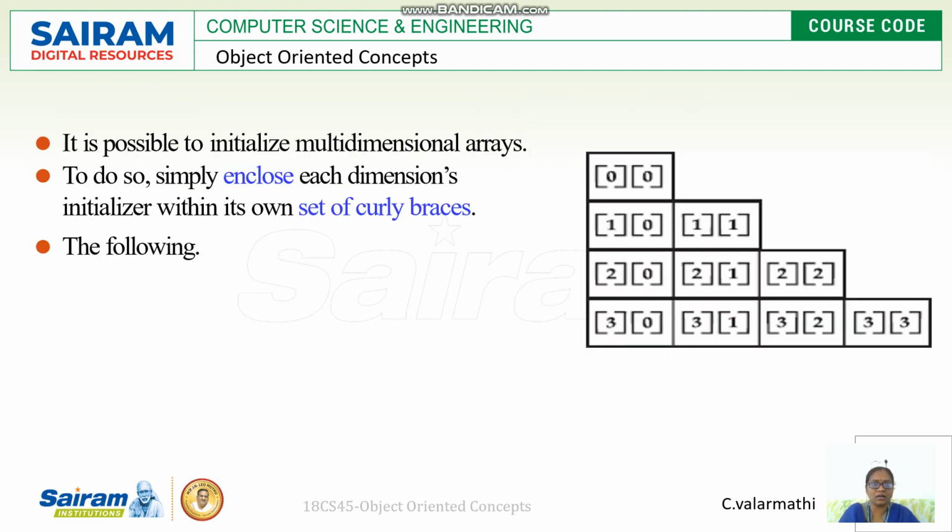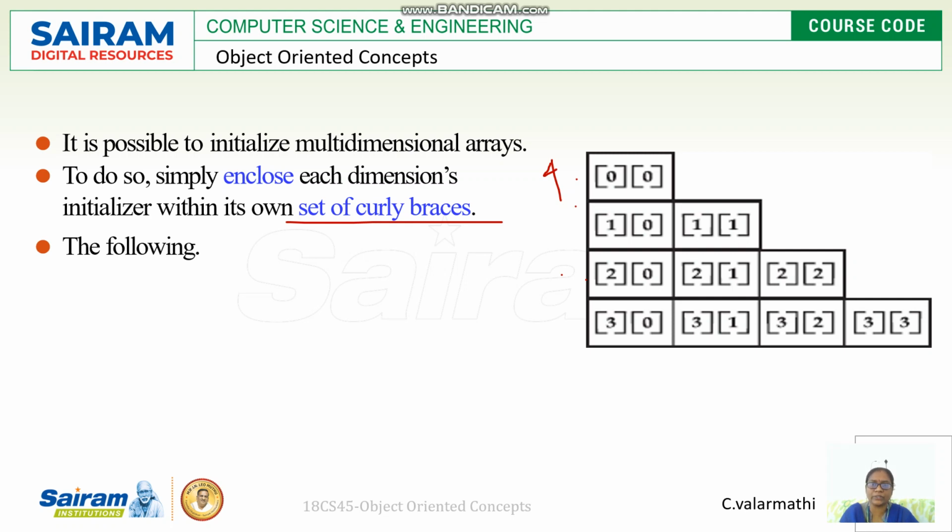Then in the case of a multi-dimensional array, it is very easy to enclose each dimensional initializer within its own set of curly braces. Say for example, this has 1, 2, 3, 4. That means 4 rows, and in each row some columns are missing.